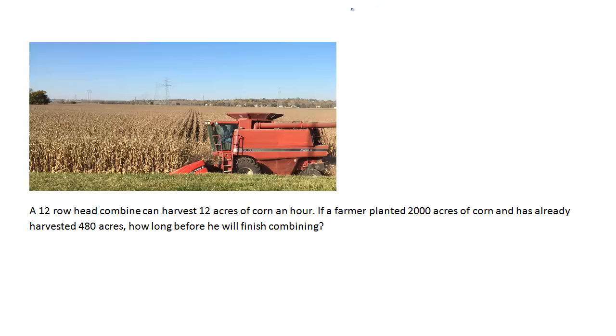Here's one last example. We have a farmer who's harvesting his corn. He had 2,000 acres of corn and has already harvested 480 acres, and his combine can harvest 12 acres of corn per hour. How long before he finishes combining? So let's start with our equation, y equals mx plus b.